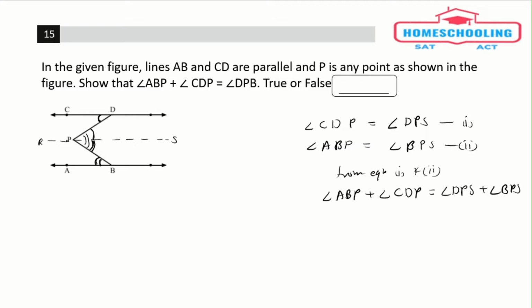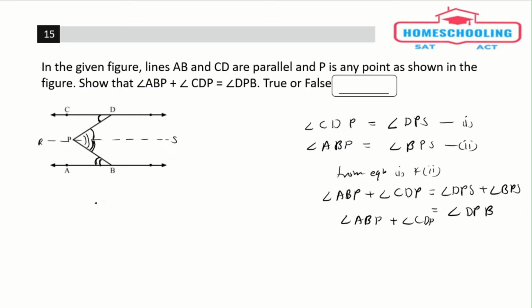The sum of these two angles, DPS and BPS, would be angle DPB. So hence angle ABP plus angle CDP is always equal to this angle.